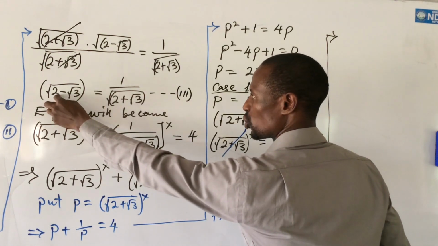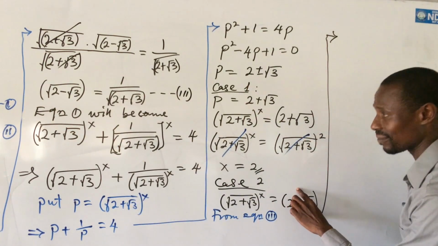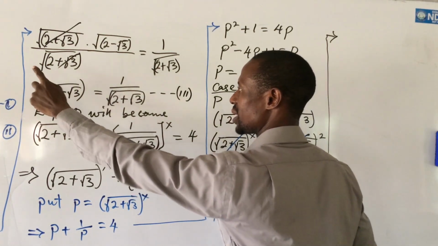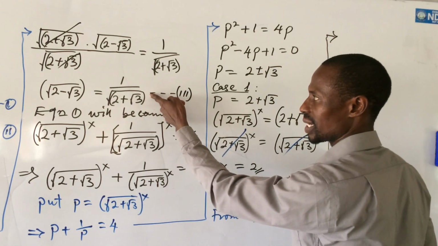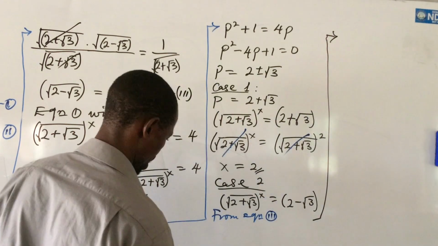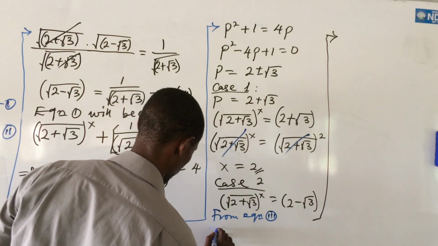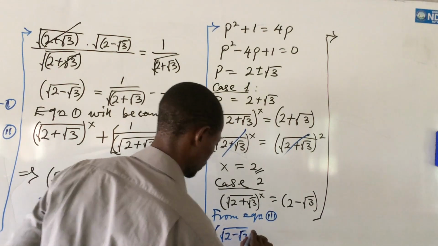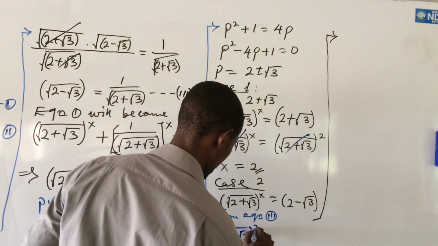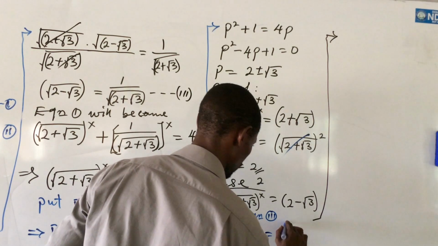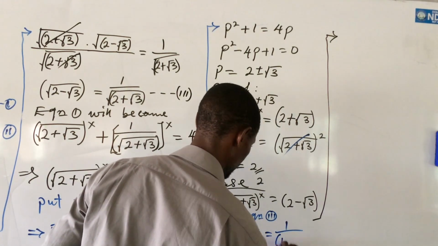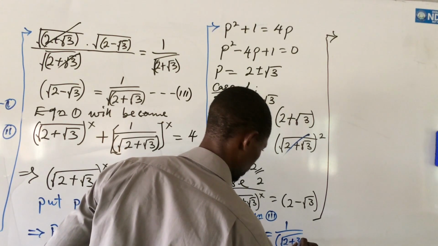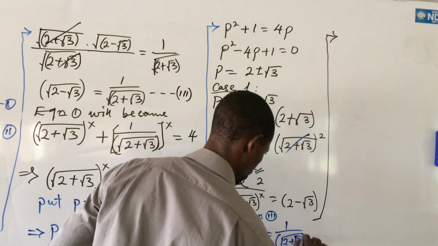So for us to have 2 minus root 3, which is what we have from here, we take the square of both sides, because if we take the square, it will eliminate this. Then we bring it to this other side. So from equation 3, we now have bracket root 2 minus root 3, close bracket, squared. Then this will give you 1 squared all over bracket the square root of 2 plus root 3 all squared.